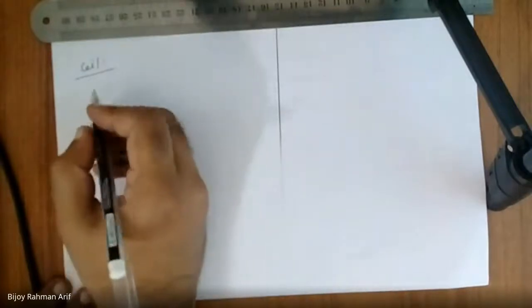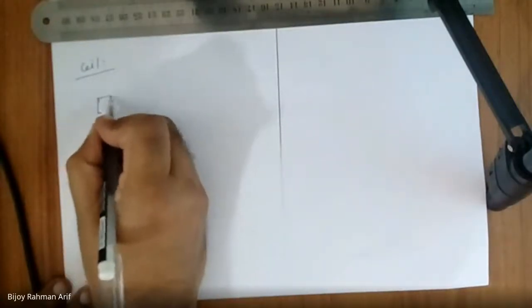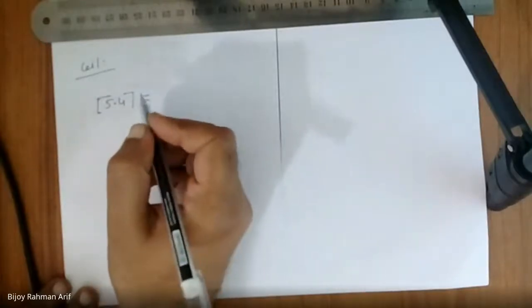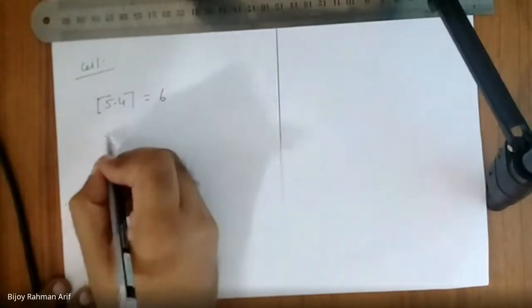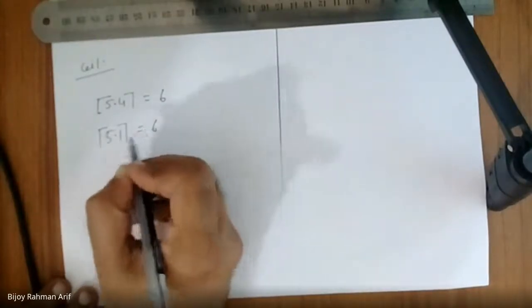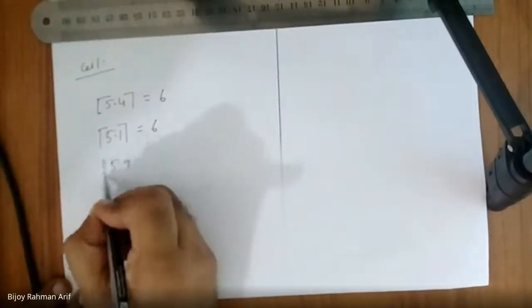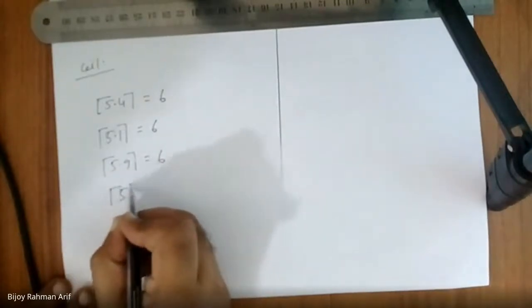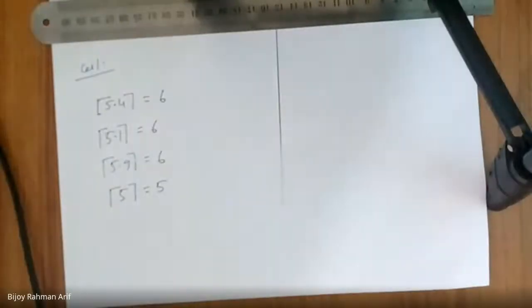So what is the case? 5.4 ceil. What is the answer? 6. 5.1 ceil. What is the answer? 6. 5.9 ceil. What is the answer? 6. 5 ceil. What is the answer? 5. Good. Now, how can you define the floor and ceil functions?